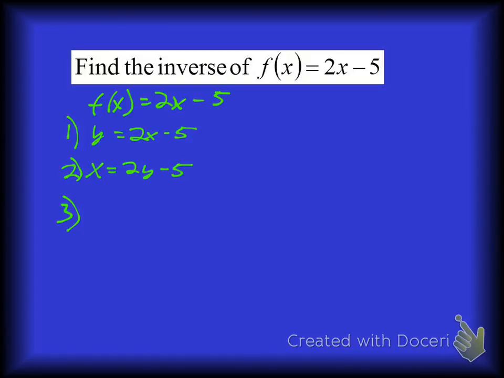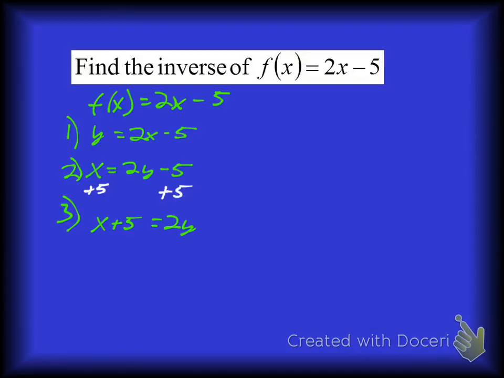Add 5. Yeah. There you go. So x plus 5 equals 2y.